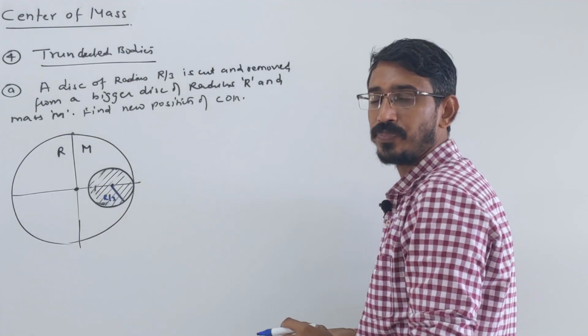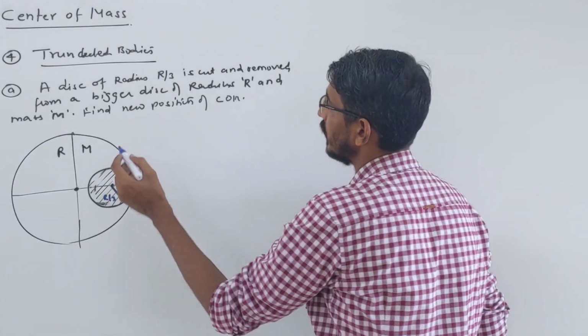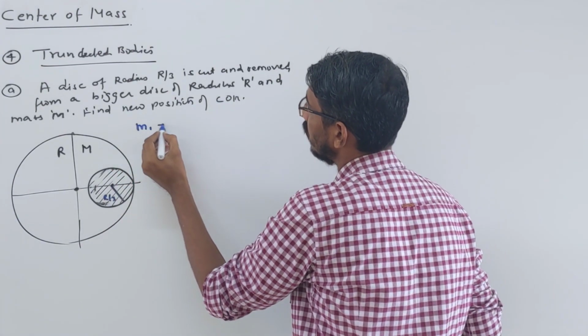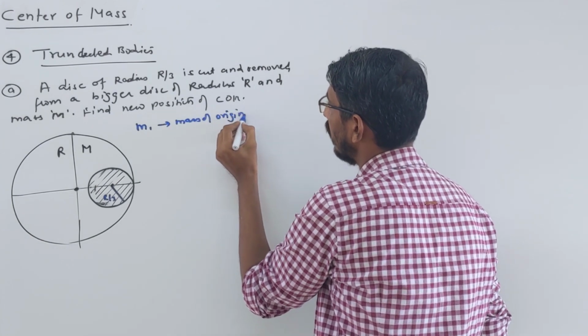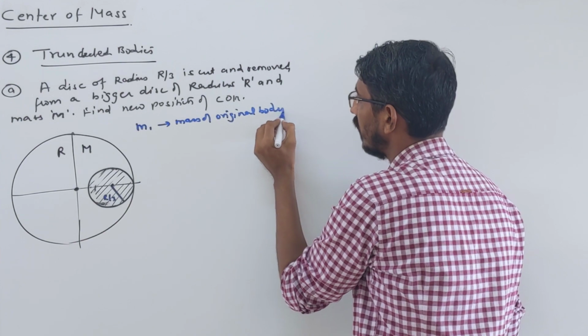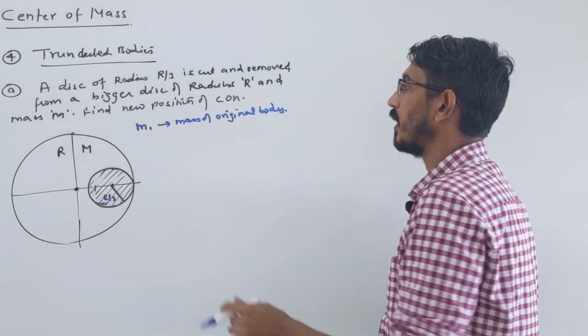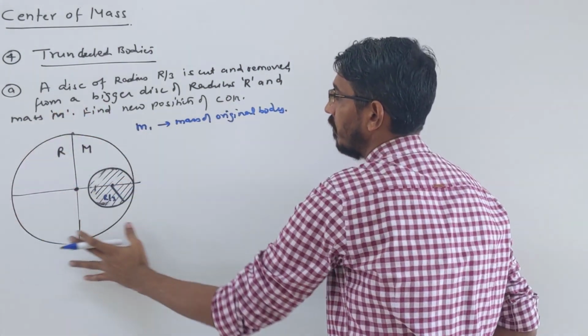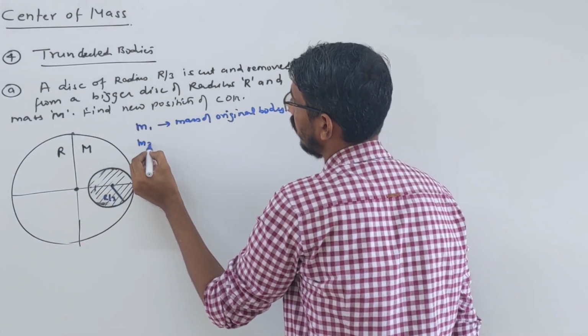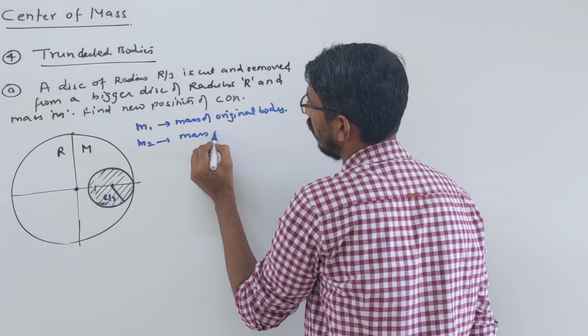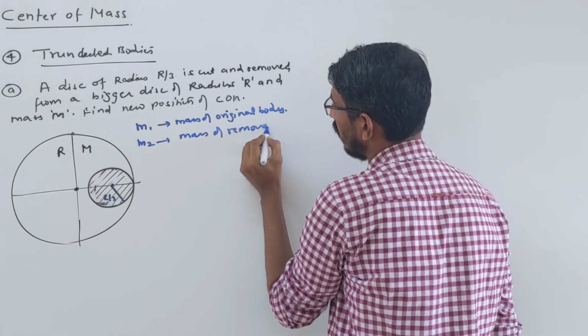So what we always do is this: first, m1 is the mass of the original body, the complete disk of mass m, and m2 is the mass of the removed part.